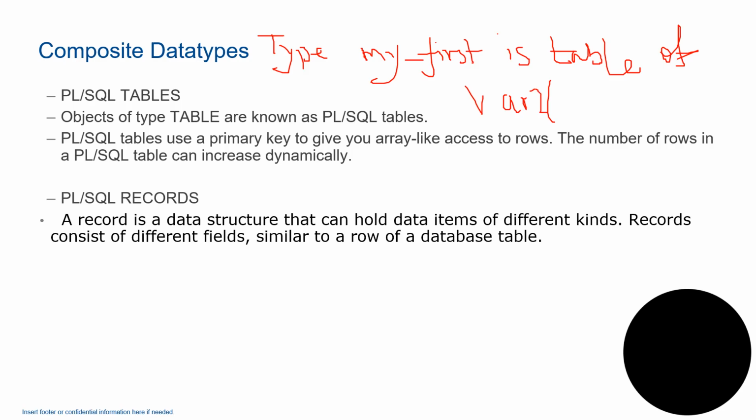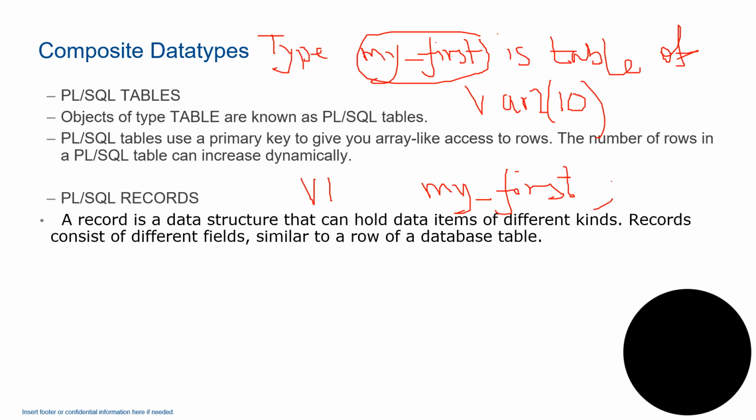I'm writing in short, but you start, so it is of 10 characters. So type my_first is a type, a table of varchar2, so it will store a value of 10 characters. Okay, now we have defined it, so we take v1 as my_first. So this is how we define it.